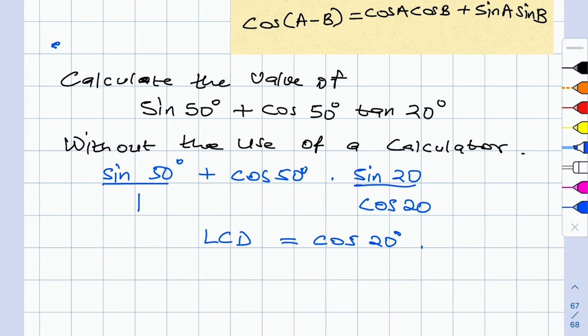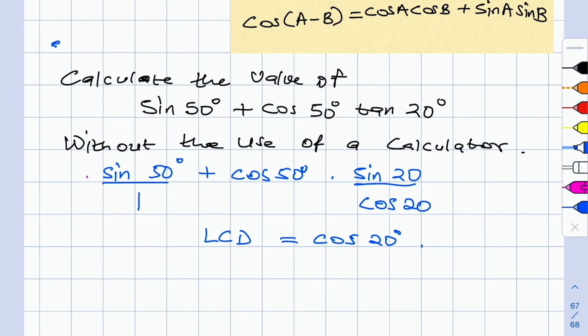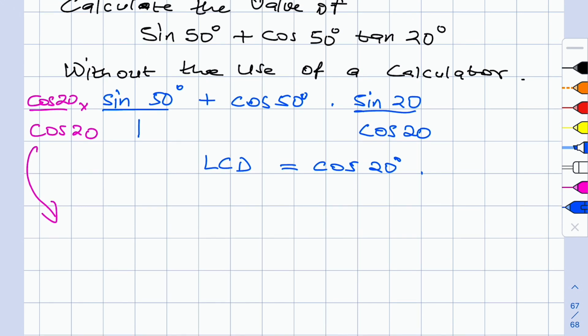To make this one match the LCD, you'll have to multiply the numerator and the denominator by cos 20, so we'll say cos 20 over cos 20. Okay, so now let's continue.